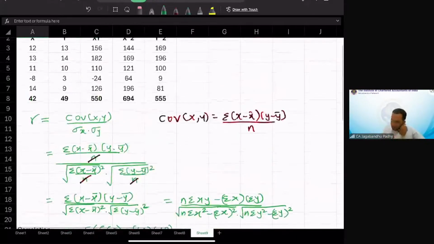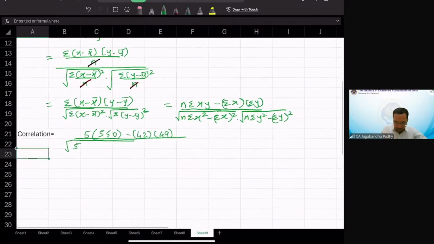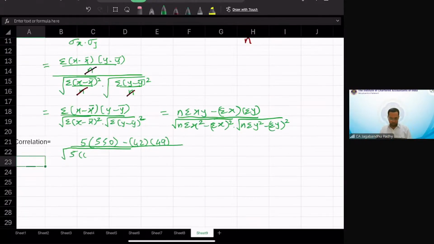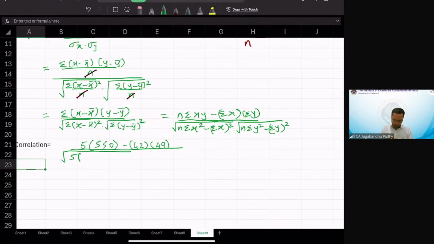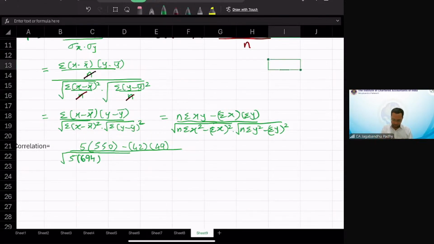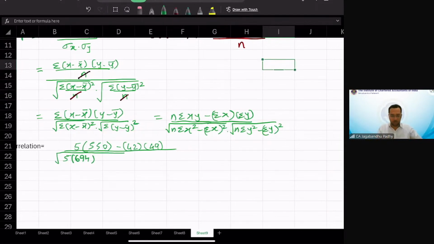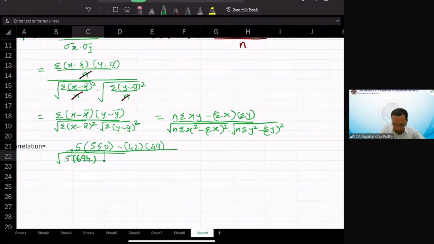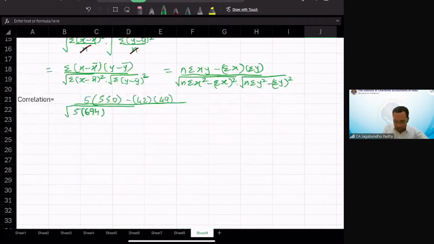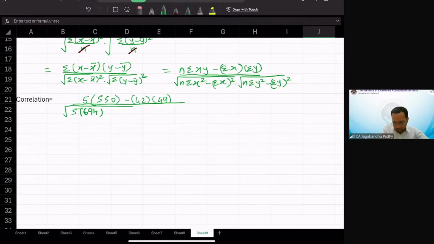N summation x square will be 5 into 694, minus summation x the whole square is 42 square. This is minus 42 square.